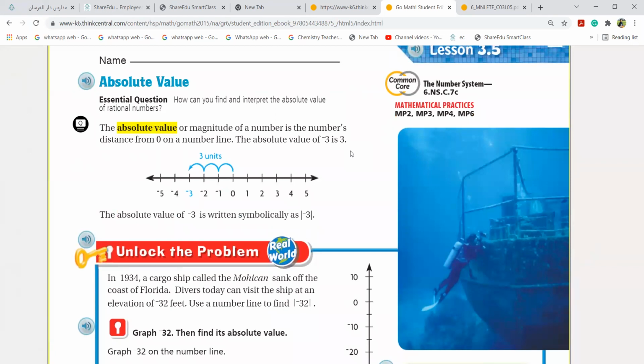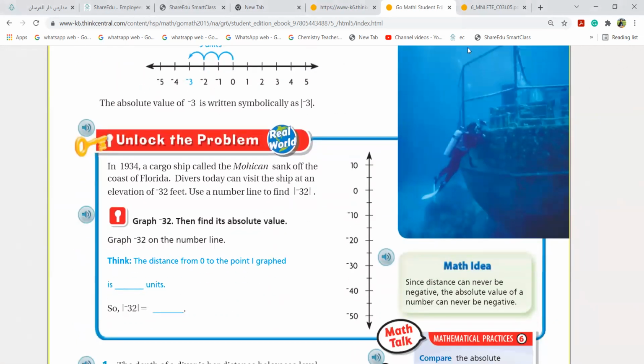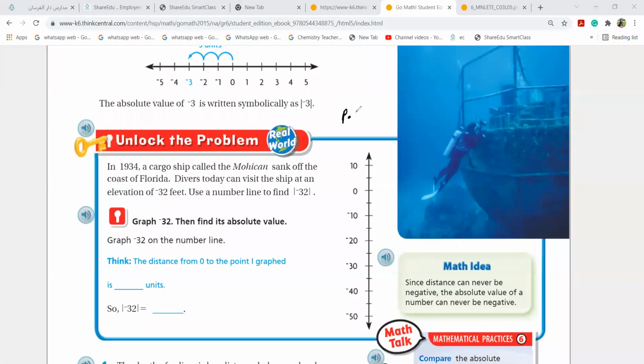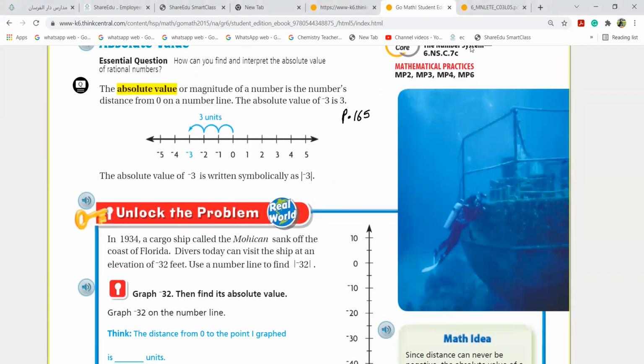Write today's date, girls. Miss. Can you see on the screen? Everyone, can you see on the screen page 165?